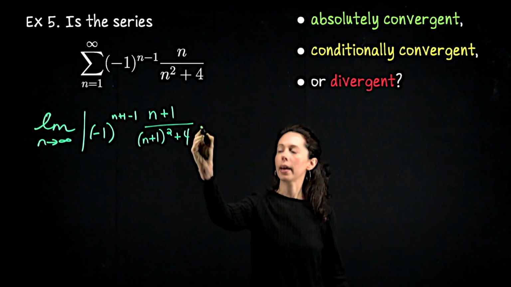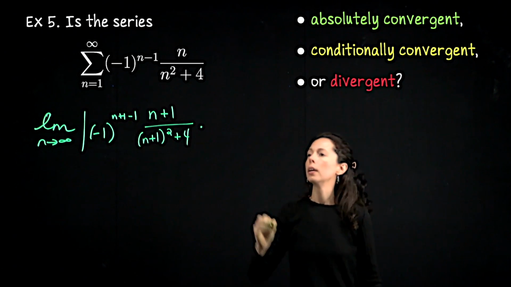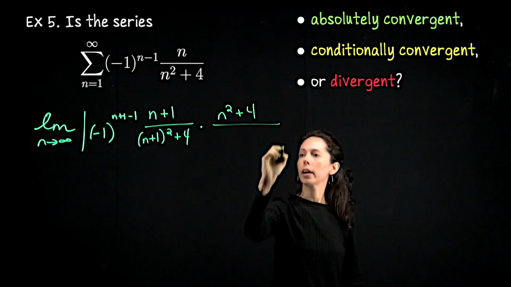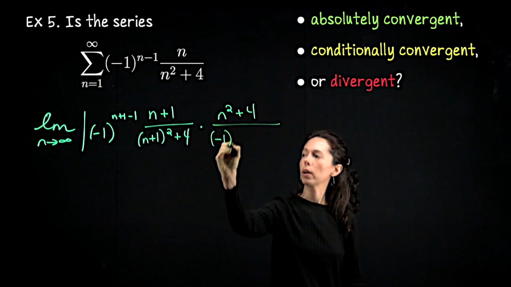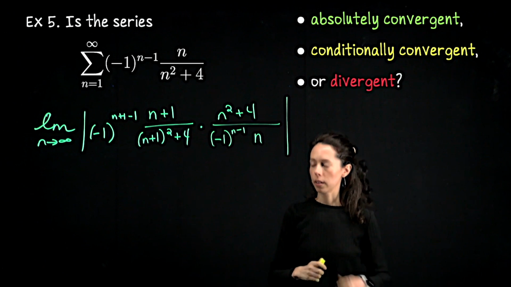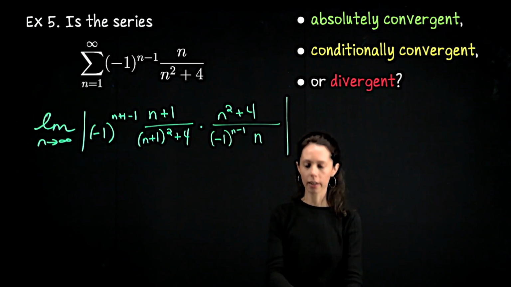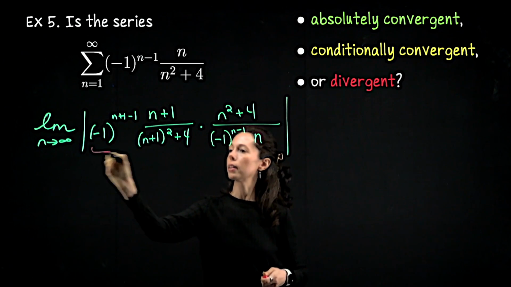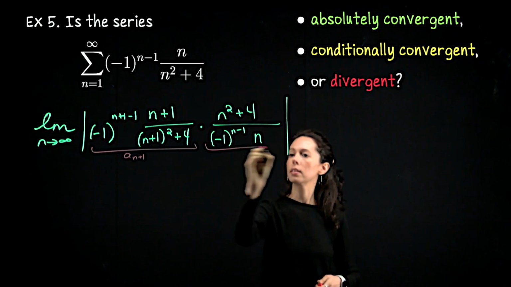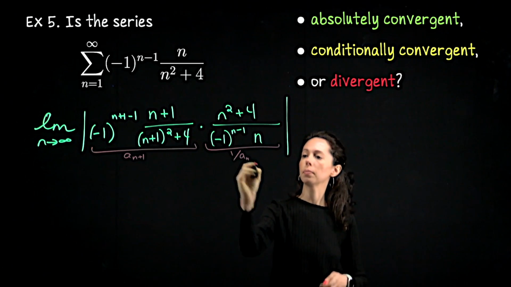I need to multiply that by the reciprocal. So I'll do n squared plus 4 in the numerator and divide that by -1 to the n minus 1 times n. Okay, so if it's not totally clear, there's more going on here. This is a sub n plus 1, and this is 1 over a sub n.